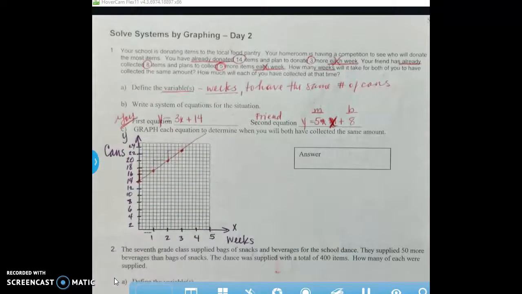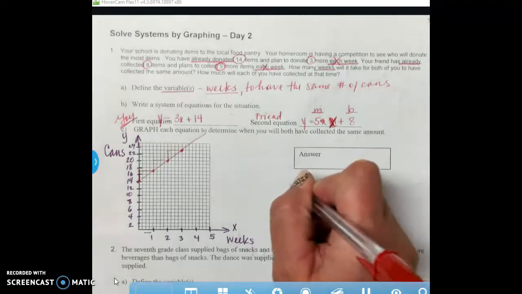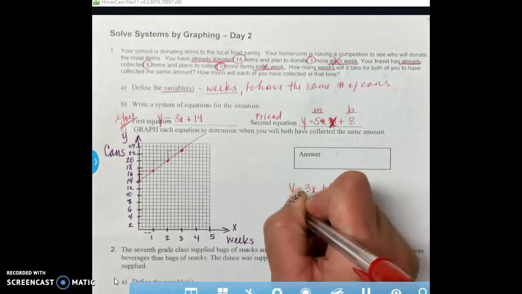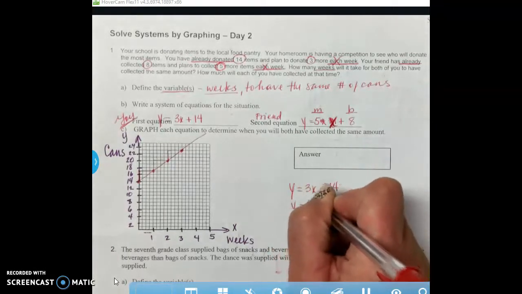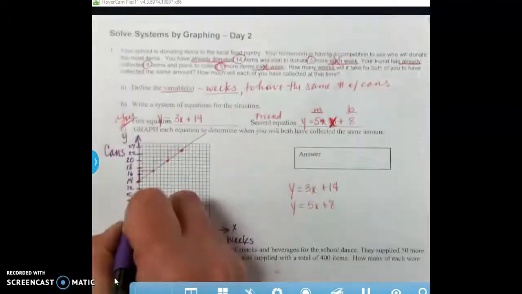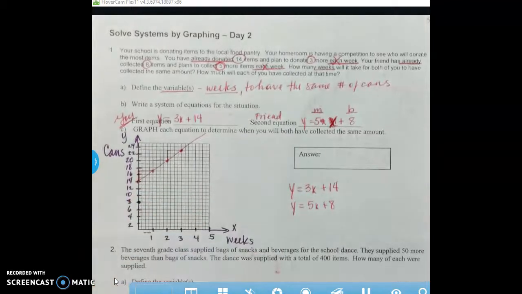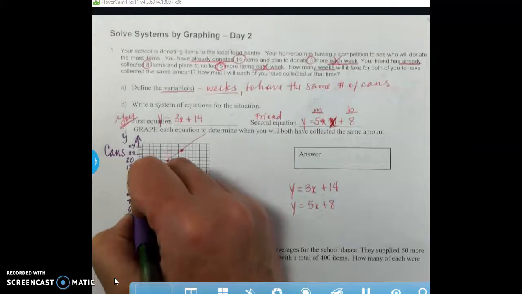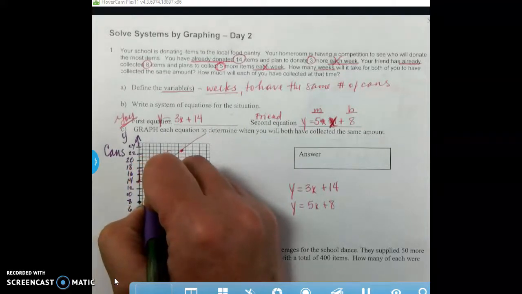All right, let's go ahead and graph the equation for your friend, 5x plus 8. We're going to begin at 8. That's the beginning value. The slope is 5 over 1. So 5 plus 8 is going to be 13 over 1.